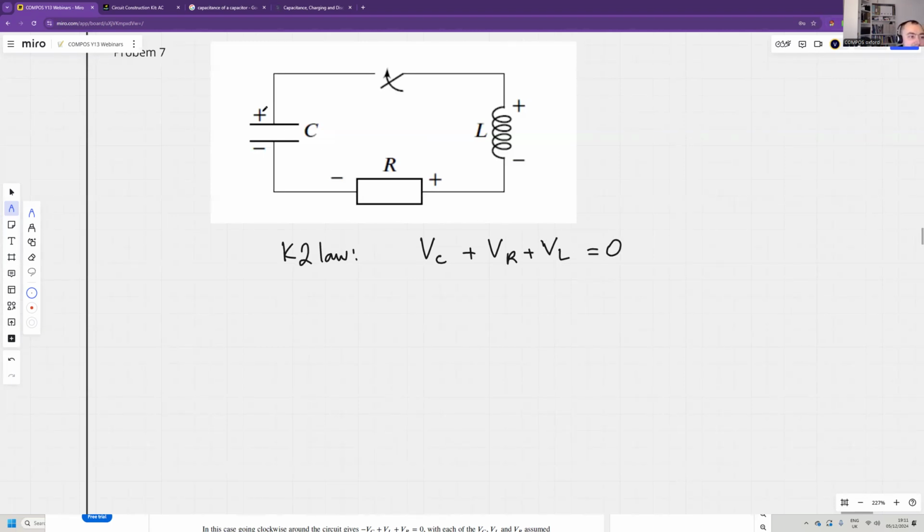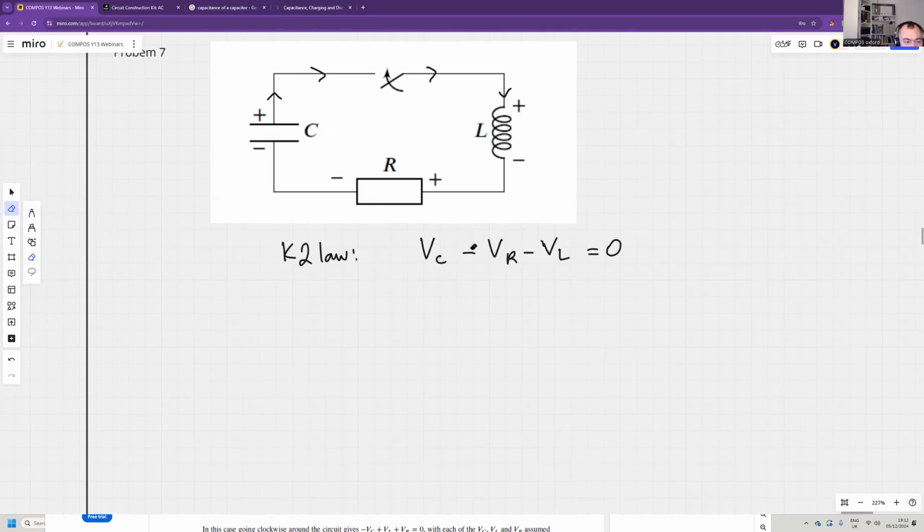Now, of course, if the capacitor is discharging, the current is going to flow this way, so the EMF of the inductor is in the opposite direction. So it's going to be minus. And the voltage on the resistor is also going to be minus.